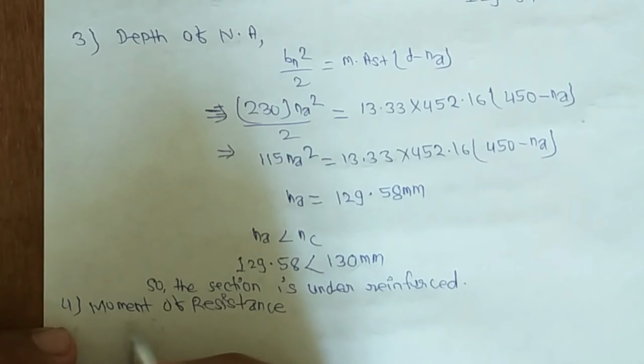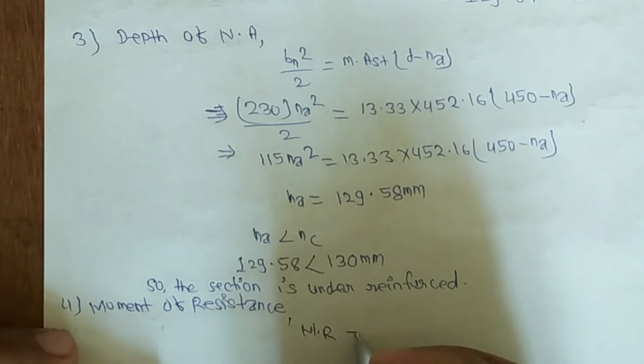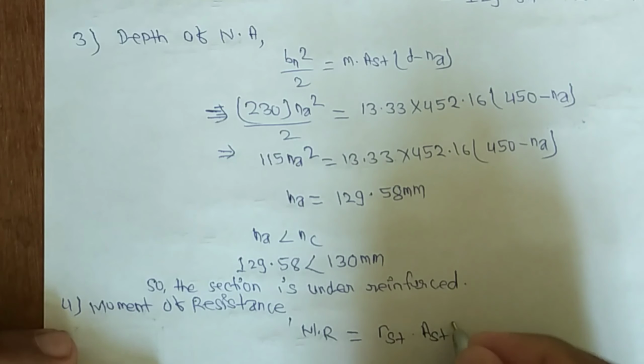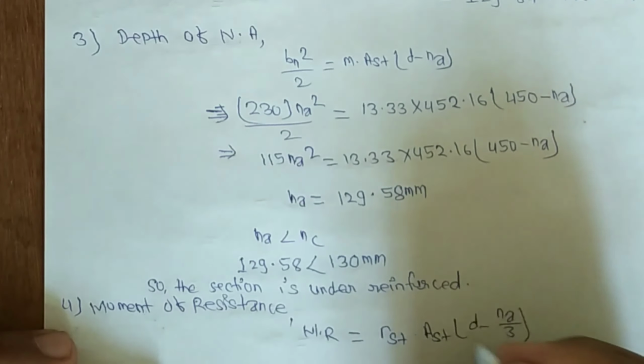So the moment of resistance Mr, we know, is sigma st into Ast into d minus na by 3.